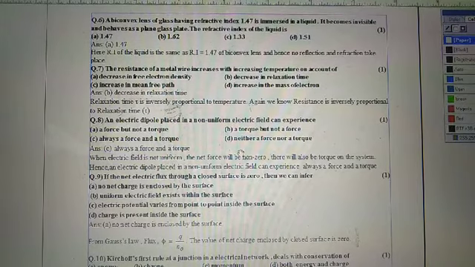The refractive index of the liquid is option A 1.47, option B 1.62, option C 1.33, option D 1.51. So the right option is 1.47. How? It is only possible when the biconvex lens and the liquid possess the same refractive index value.